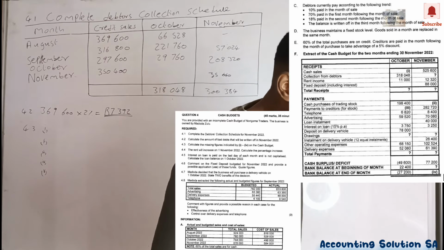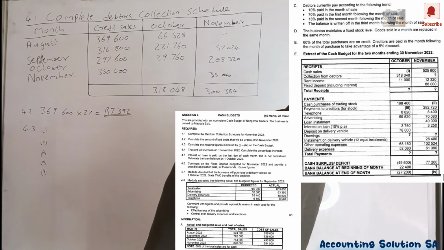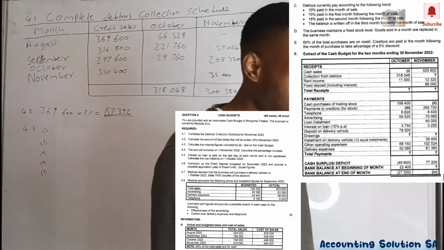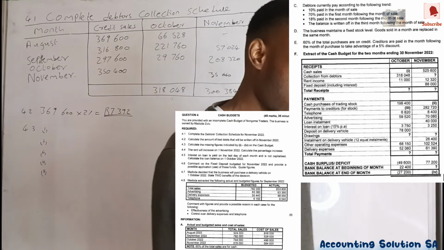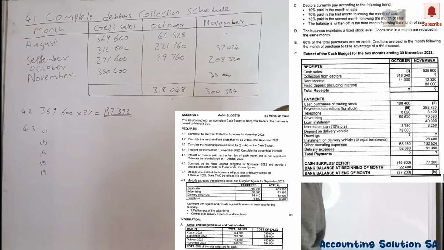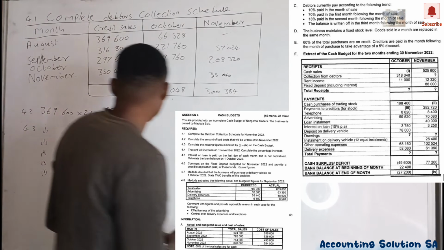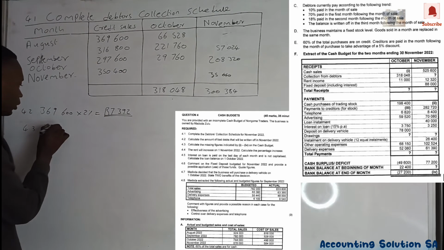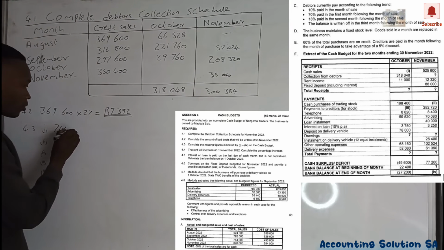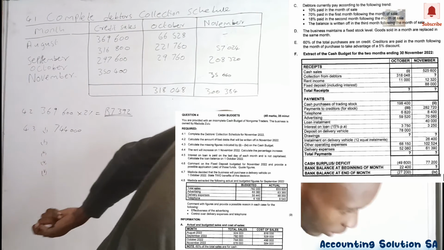For Roman figure number 1, we have to calculate the cash sales amount for October. It's very simple. We have to go back and check our information. Our total sales for October is 744,000, if not mistaken.